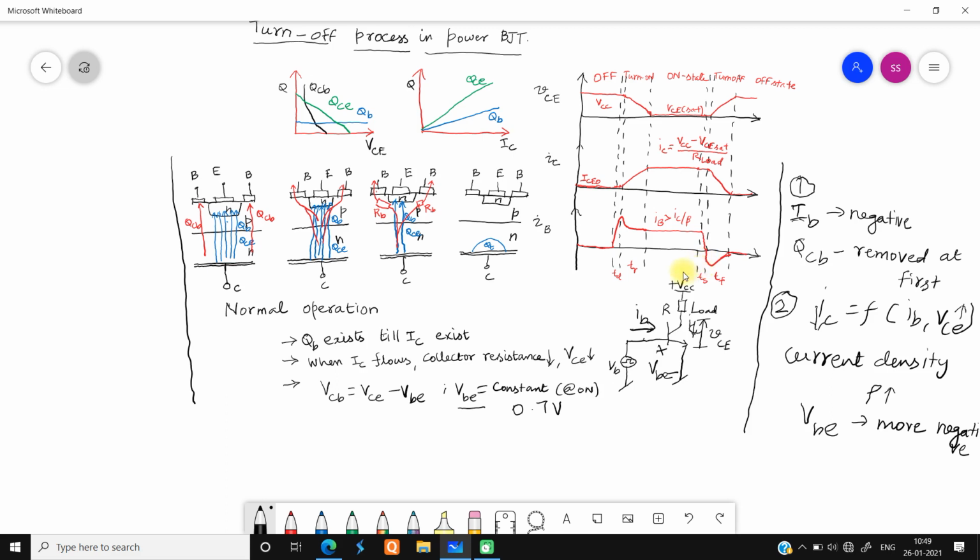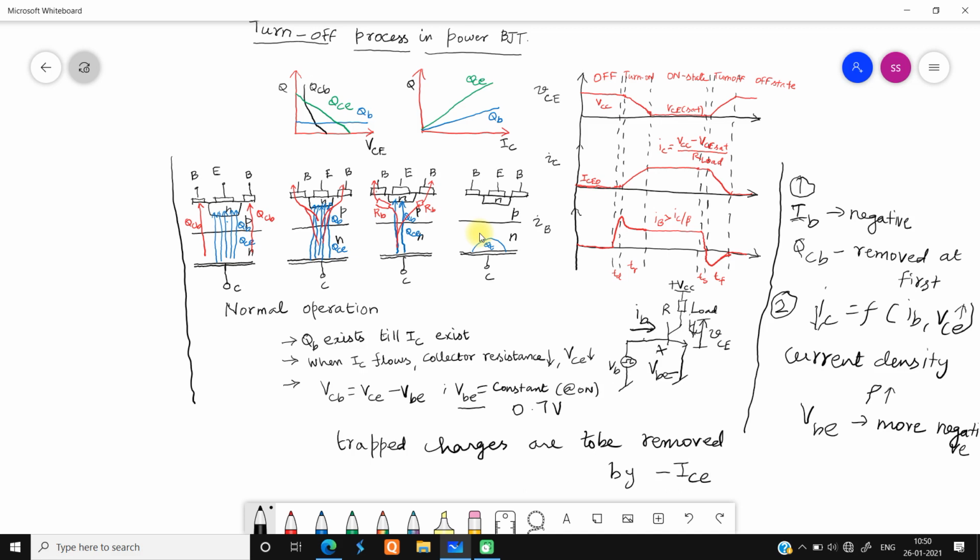But still the charges which are not fully removed, some of the trapped charges, will also be available. Those trapped charges are going to be removed by the negative ICE current.